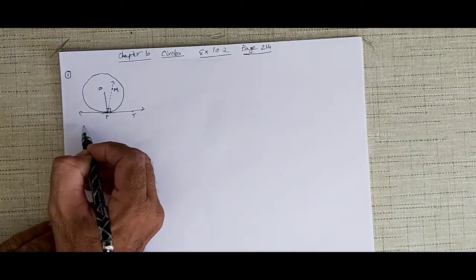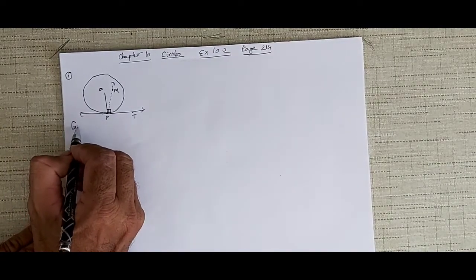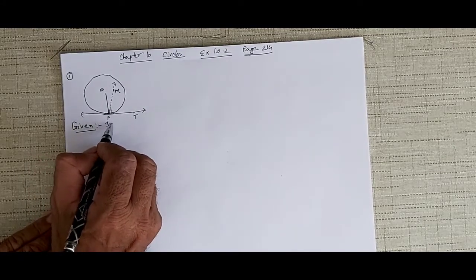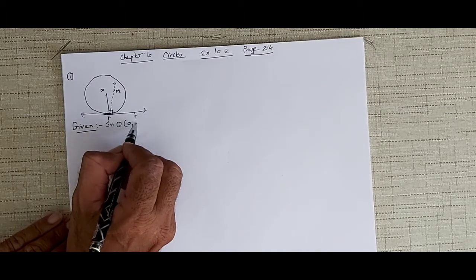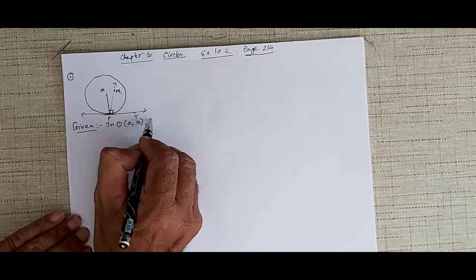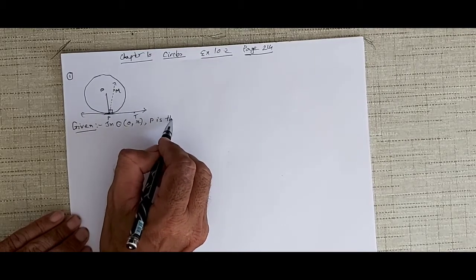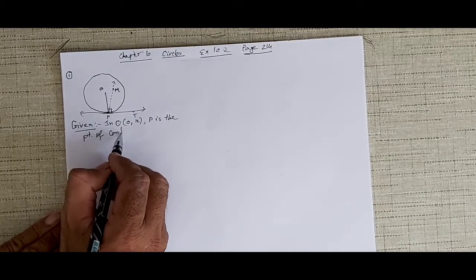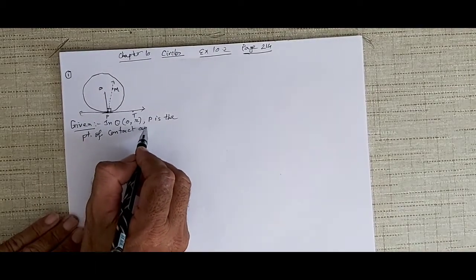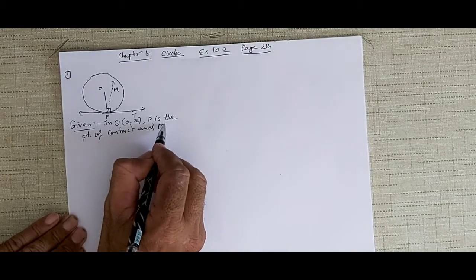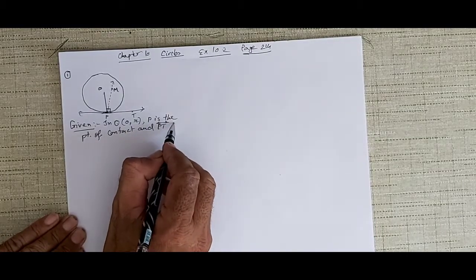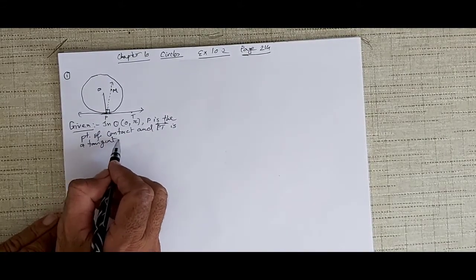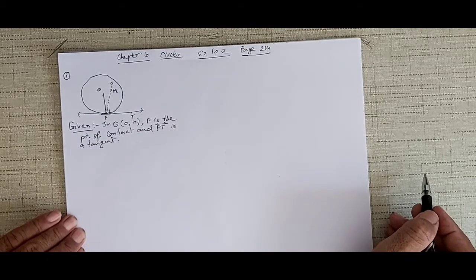Alright, what are we supposed to prove? First of all, given. What are we given? In a circle with center O and radius R, P is the point of contact and PT is a tangent. Now, what are we supposed to prove?